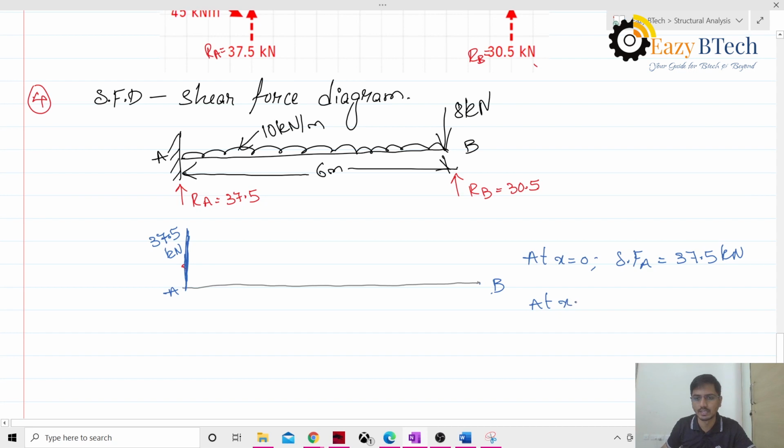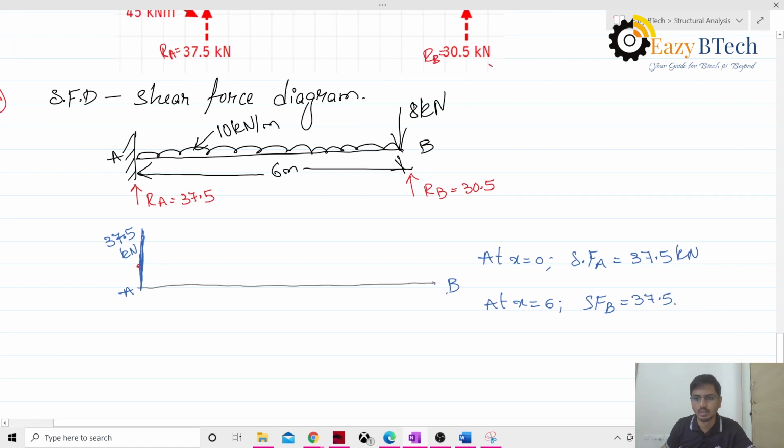At x equal to 6 meters, my shear force at B is 37.5 minus, this is reaction, minus the load coming onto this. How much load is it giving? 10 into 6. So this will give me minus 22.5 kN. So here the shear force is coming in downward direction, opposite direction. The sign indicates the same thing.